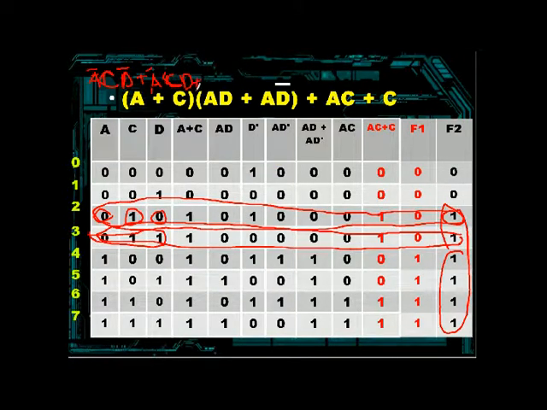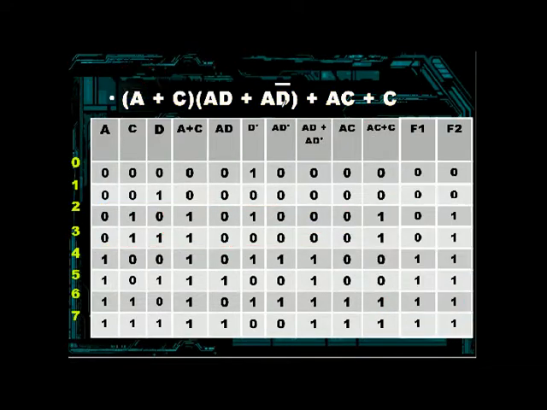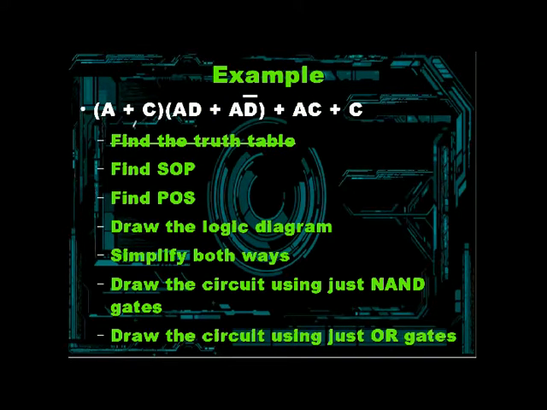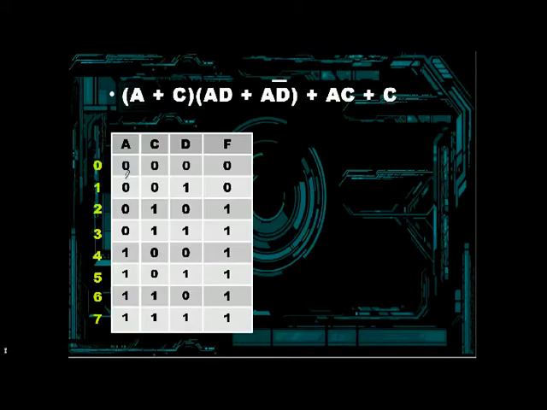Then what do I have? I have this third one, which is A C not D not plus A C not D. And this is what? Sum of products. Find the truth table, find the sum of products. Here's the truth table. I just took the last one, so this will make it easier. So we're going to take those.